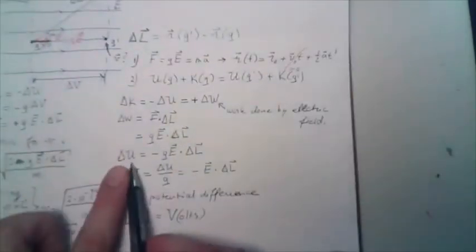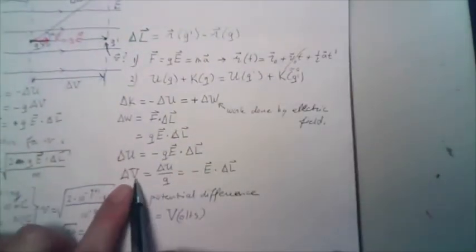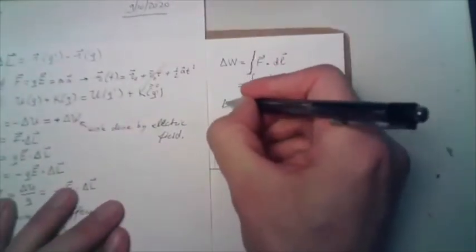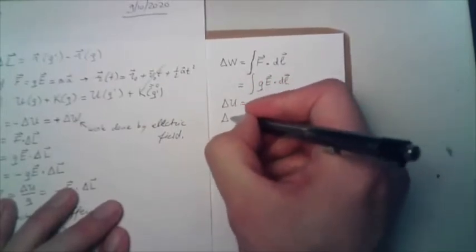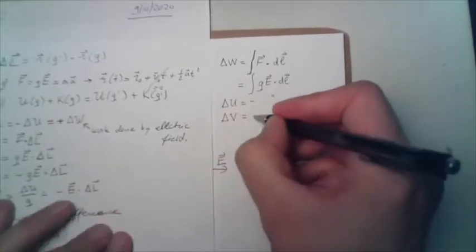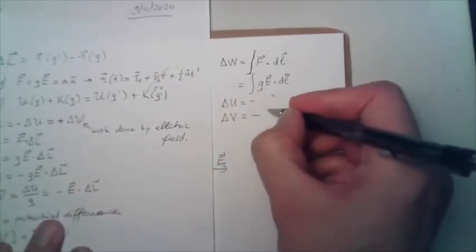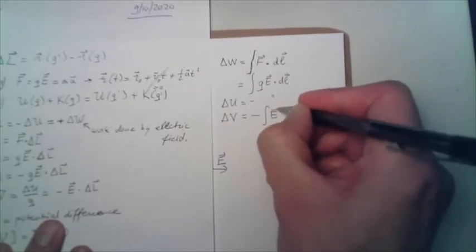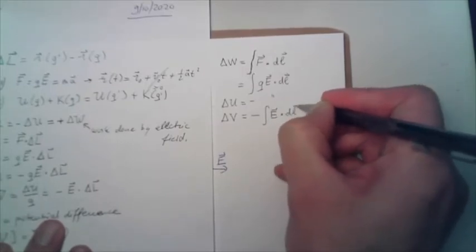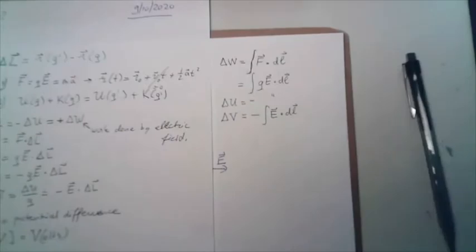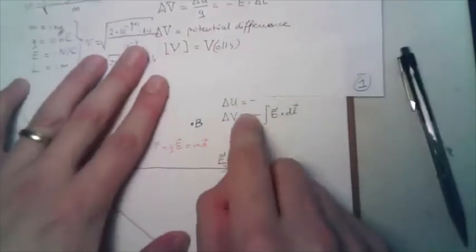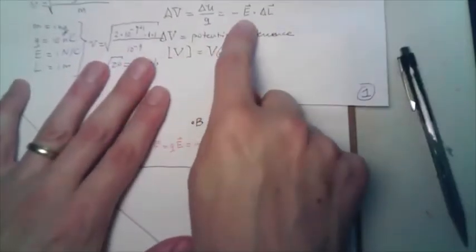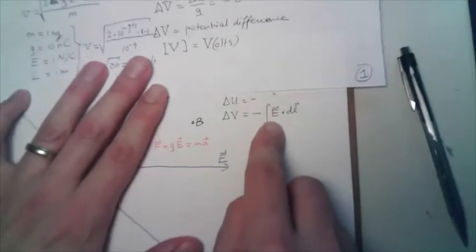And now the potential energy is minus that, and delta V is that over Q. So delta U is minus the same expression, and delta V is therefore minus the integral of E·dl. So it looks very similar to what we had before, right? There's an E·dl, except instead of a straight-up dot product, we have an integral.